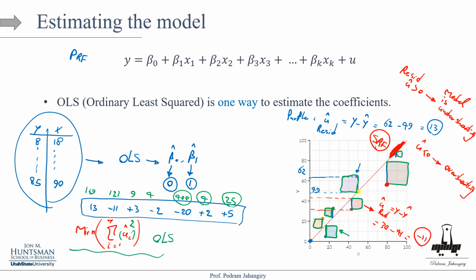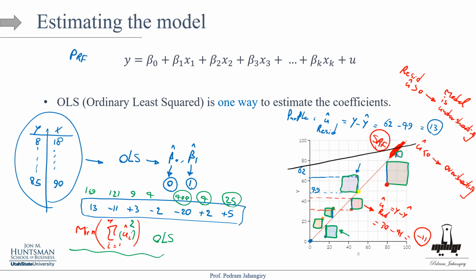Ordinary least squares changes the slope and intercept of the line such that the summation of these squares is minimized. To give you an example of a bad sample regression function estimation, imagine this is the line that we're estimating.